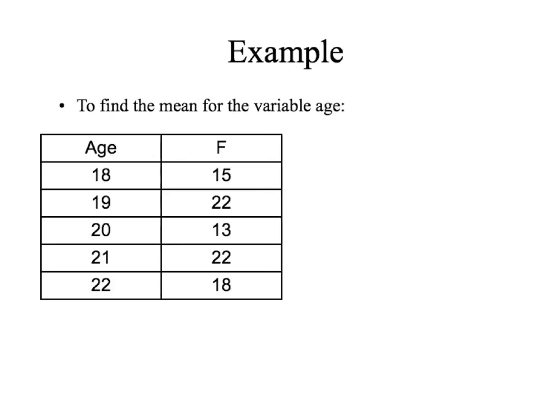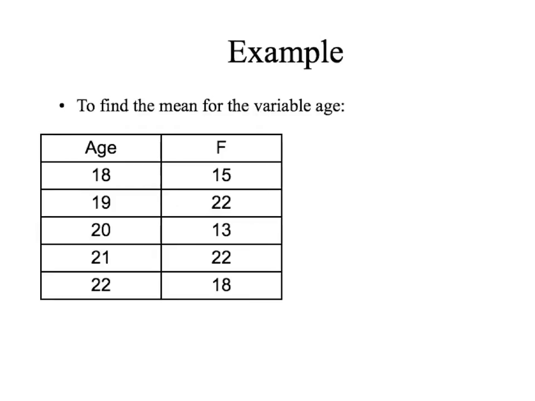So how do you find the mean when you have a frequency distribution? When you have more than just a few responses, you're not going to want to add them all up individually. So you can use the frequency distribution to calculate your mean.